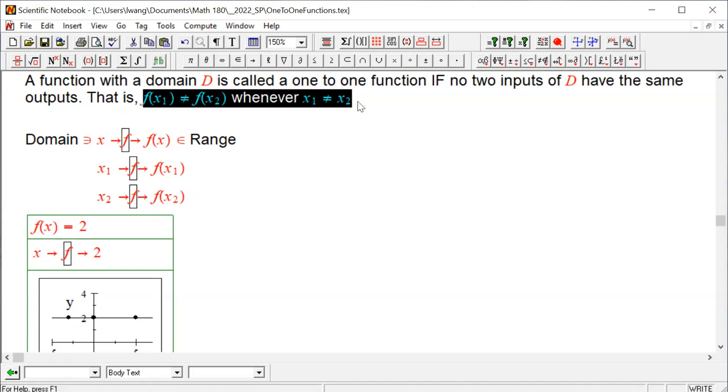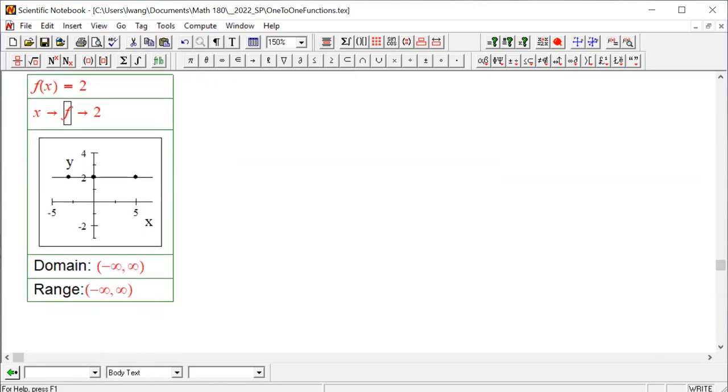Because if this is true, then it is. If it's not, it is not. It's that simple. This is the criteria. So I'm going to bring this definition over here. What do you think? You may like to pause the video right now to think about, is this true?